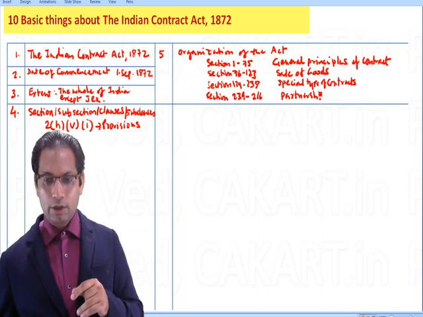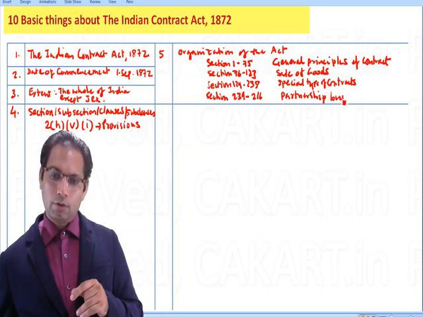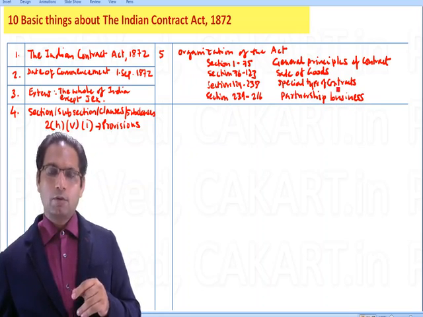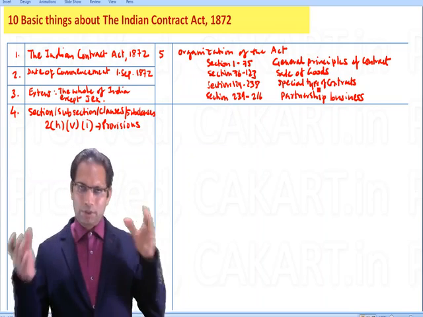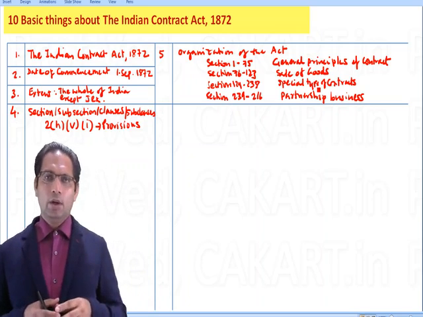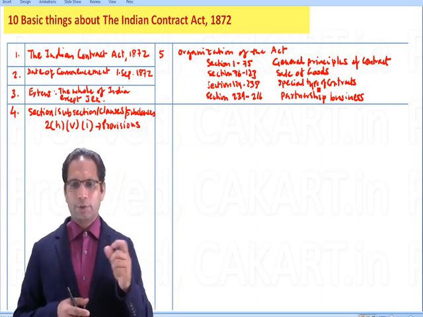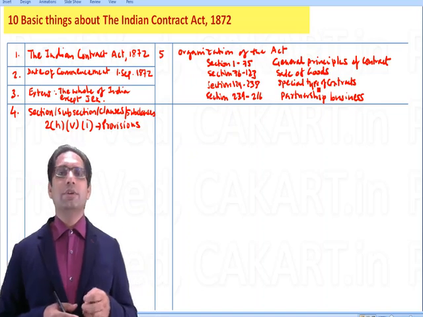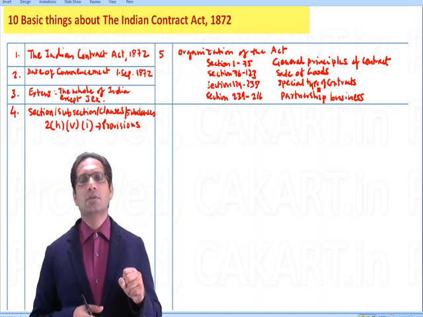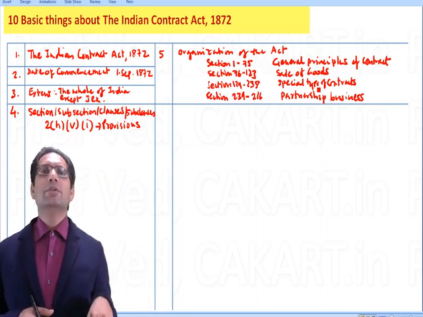This was when the law was originally enacted. Over a period of time it became a very bulky act. Also, the provisions specifically for sale of goods and partnership business were inadequate and needed more revision.